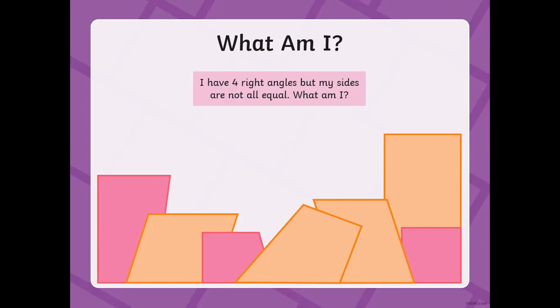What is this? 4 right angles, but my sides are not all equal. Right angles, some more they say. Oh, okay, okay. Not all equal. Maybe could be rectangle. Why got right angle square? What kind of shape is that? Left angle square, parallelogram.